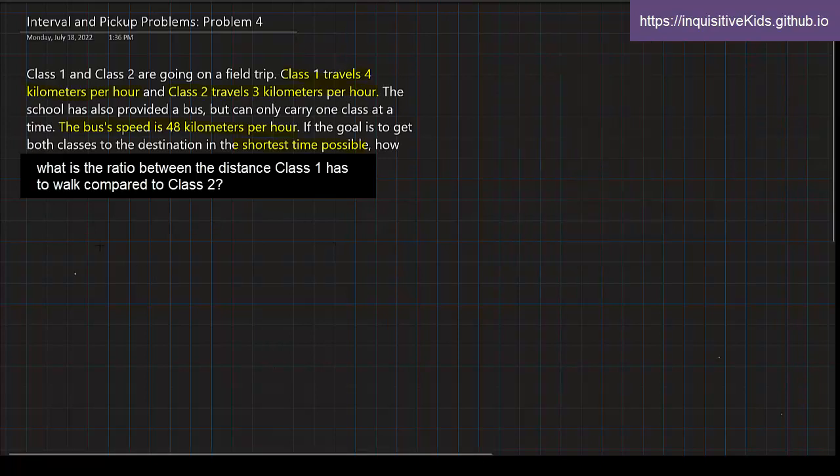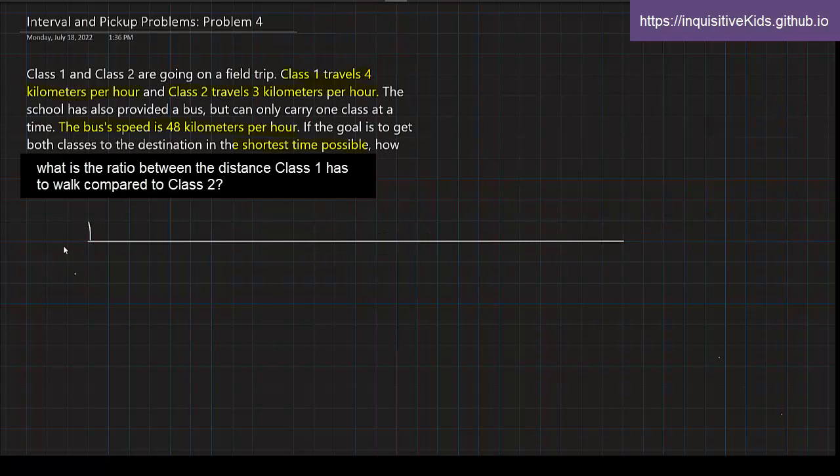So let's first make a sketch of what this problem is talking about. This is the starting point, and this is their destination. The first thing we do is make a sketch of how the bus is traveling.